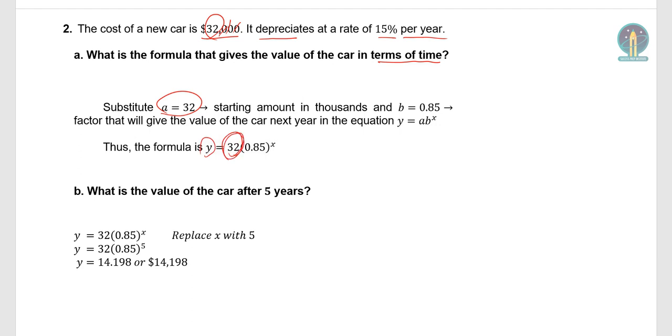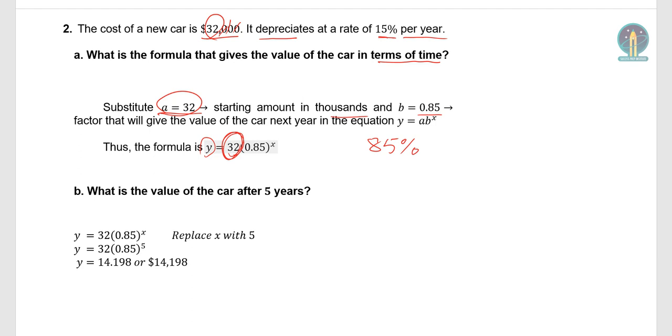So 32 is the starting amount, so a equals 32, starting amount in thousands, and the b term is 0.85. Why do we have 0.85? Because the car depreciates at a rate of 15% per year. So after each year, you have 85% of its price remaining.